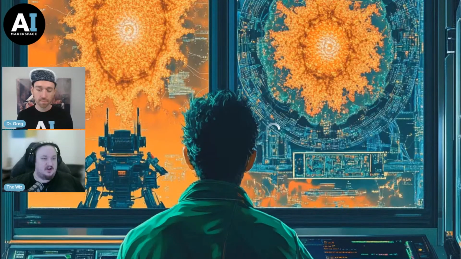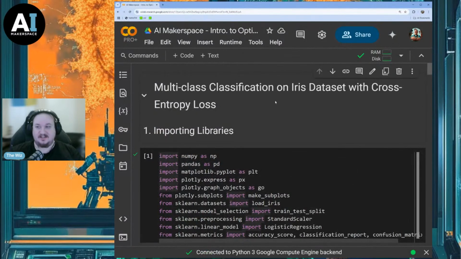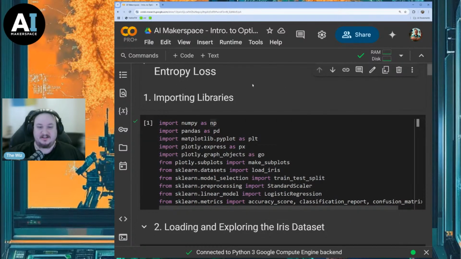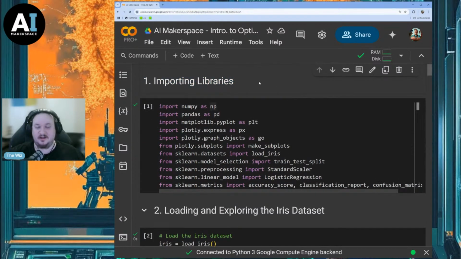Okay. So here we go. We've got a notebook. The notebook is basically going to talk about cross entropy loss through a multi-class classification problem. The basic idea here is that we're going to see this loss again, so keep in mind what we're doing.